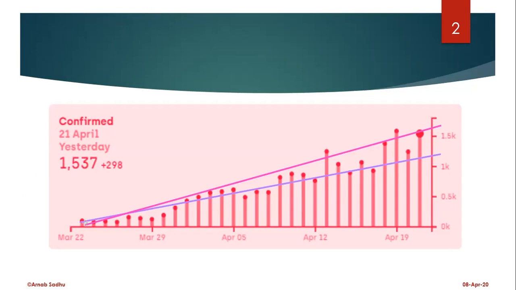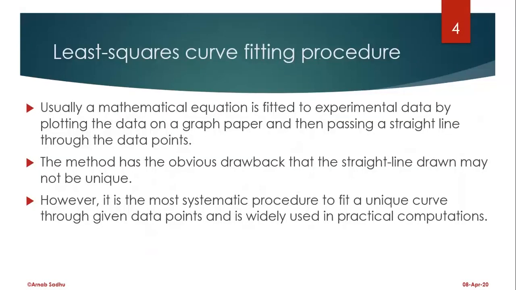The straight line that has the least sum of squared residuals, or least error, will be the perfect straight line. Our target is to get the perfect straight line. There may be so many straight lines, but our target is to achieve the one that gives the least error. That straight line is the least square curve fitting.